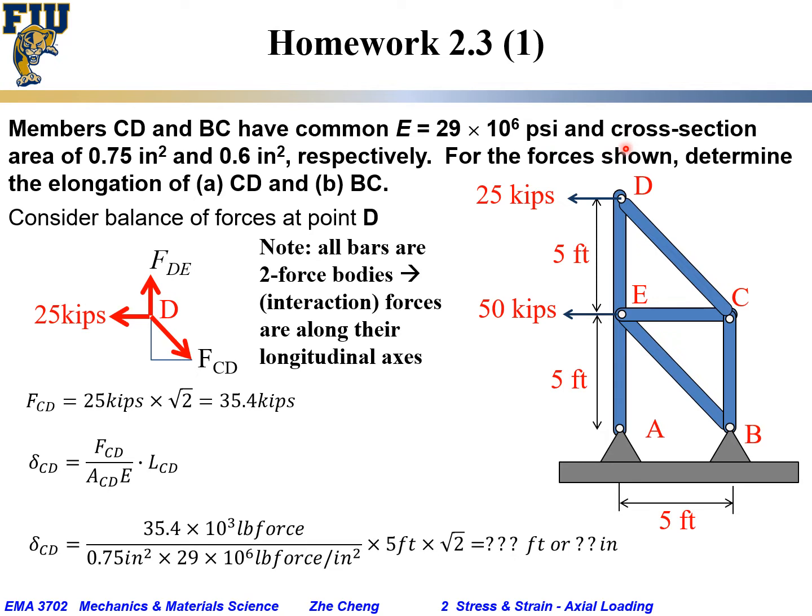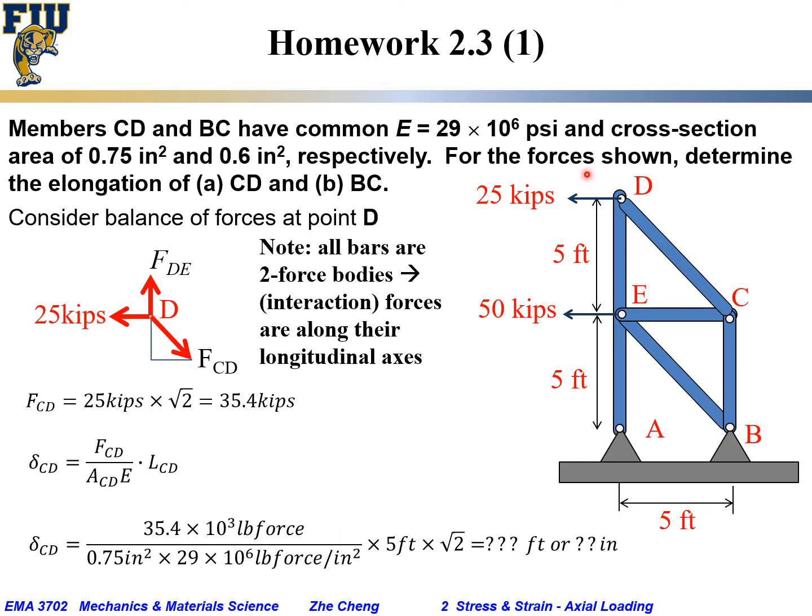Their cross-section areas are 0.75 inch square for CD and 0.6 inch square for BC, respectively.